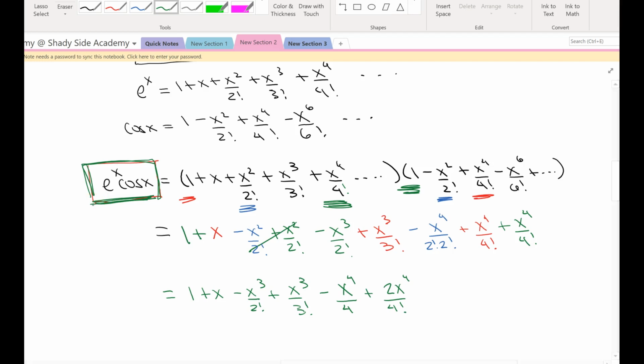Now here is where you have to be very, very careful. In a Maclaurin series, each degree indicates the power. So this is 1 term, this is 1 term, but look, the degree 3 term is the sum of those two. The degree 4 term is the sum of those two.